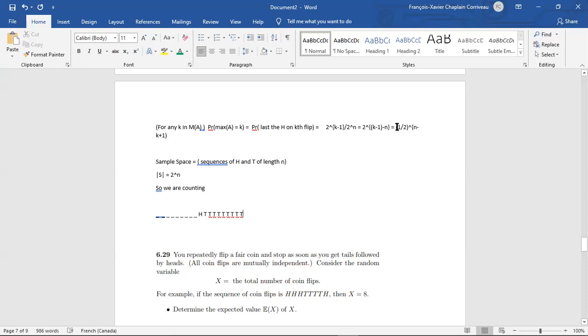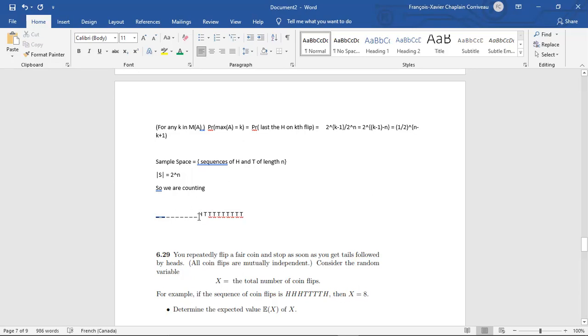So if you want to get to this equation directly, you just say, well, okay, I got one head and n minus k tails. And that's exactly what you're doing here. You got one head, so a half, times a half to the n minus k. So that's n minus k plus 1.